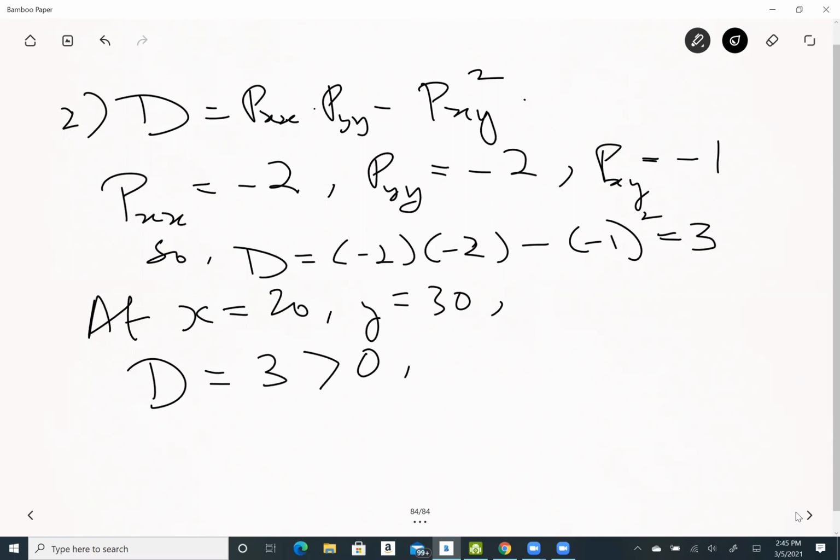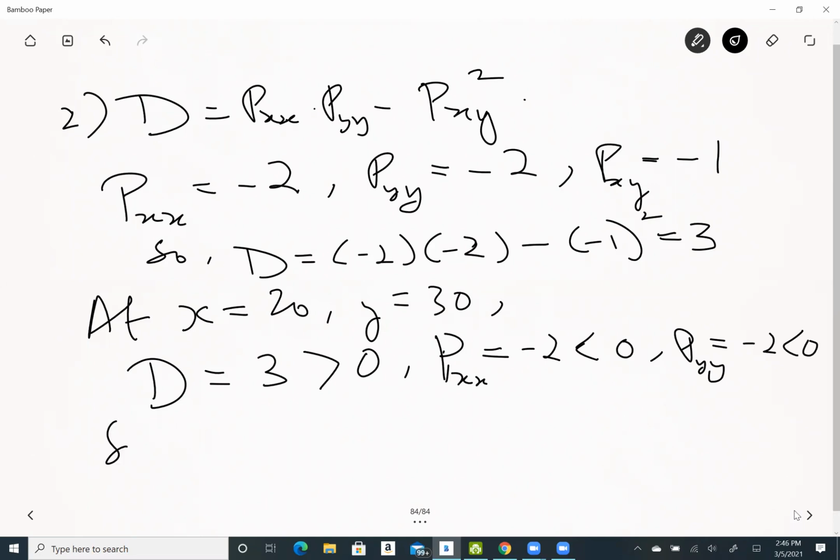That means you can have a maximum or minimum. We need to look at the second partials Pxx, Pyy. Pxx is equal to -2, and that is less than 0. And Pyy is also equal to -2, and that is less than 0.